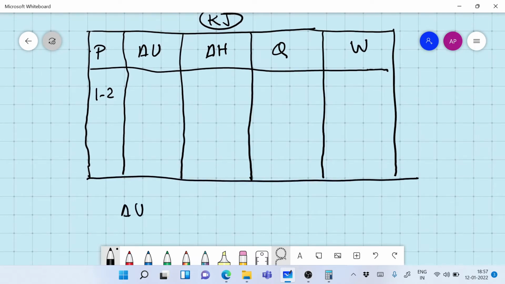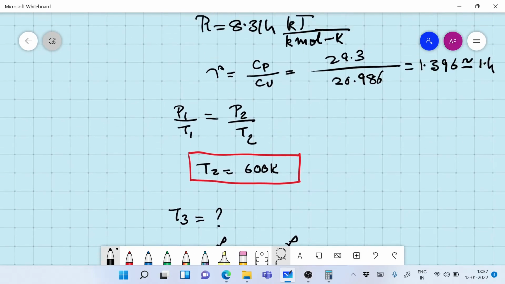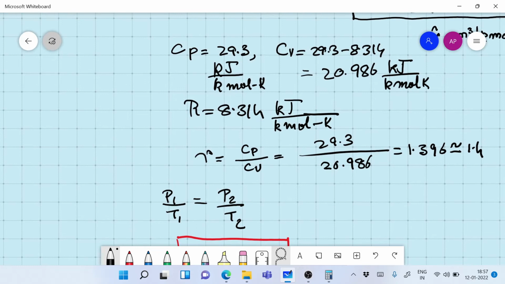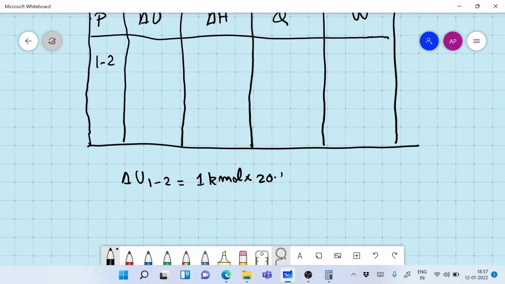Now delta U 1 to 2, since it's a constant volume process, it's going to be 1 kilomole into 20.986, that is the value of CV, into 600 minus 300.